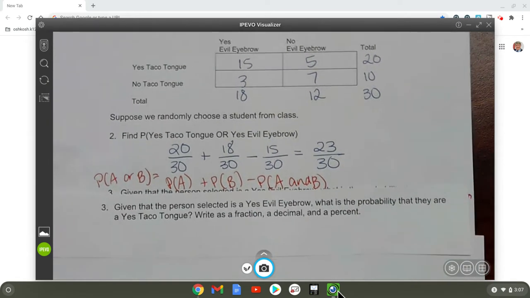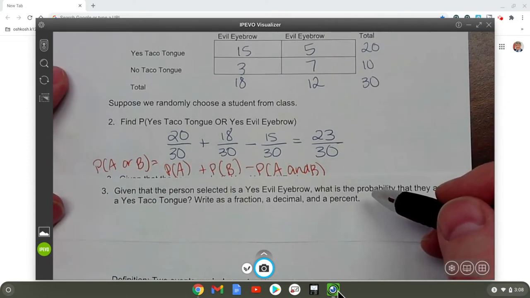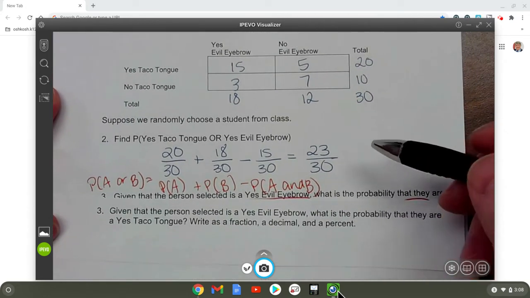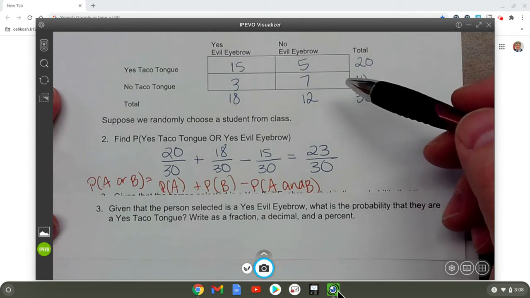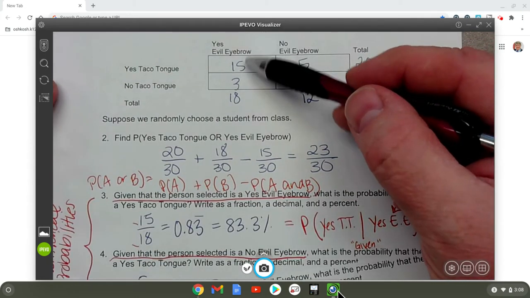Number 3, given that the person selected is a yes evil eyebrow, what is the probability that they are a yes for taco tongue? Write a fraction, a decimal, and a percent. Okay, so we're given that they are a yes for evil eyebrow. So let's figure out what that's talking about in our chart. Yes for evil eyebrow would be these numbers right here.